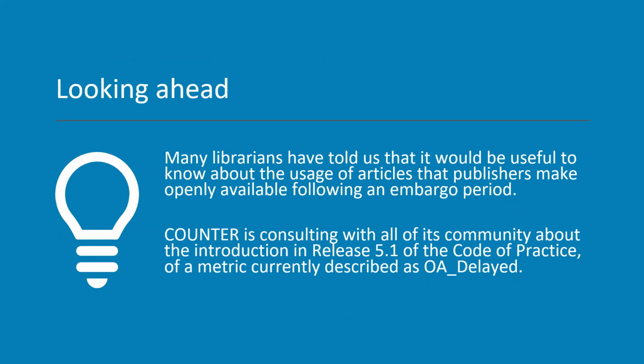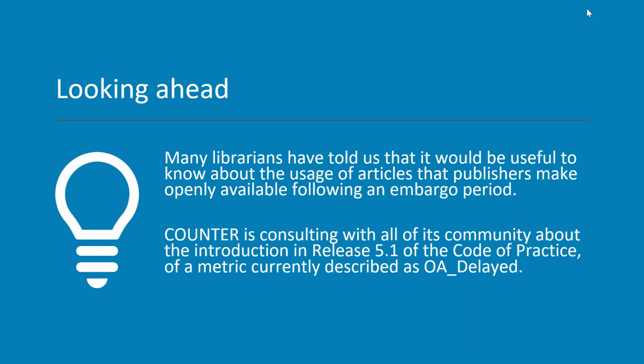The other thing to think about when we're looking ahead into the future is the usage of other types of open content. In particular, a lot of librarians have told us that they are interested in knowing about the usage of articles that are openly available following an embargo period.